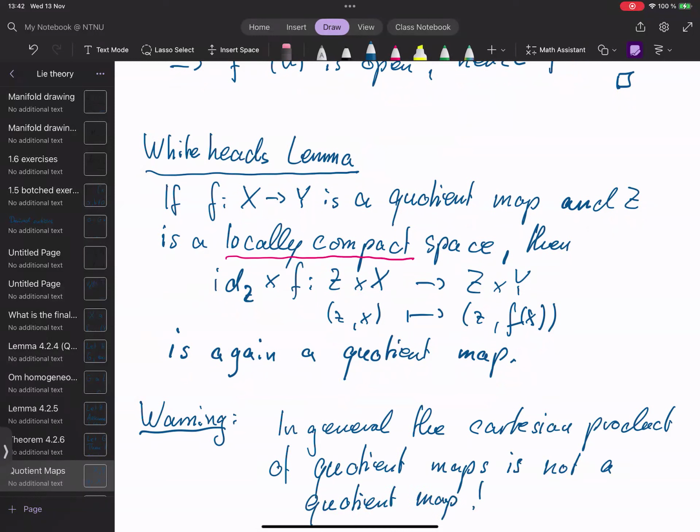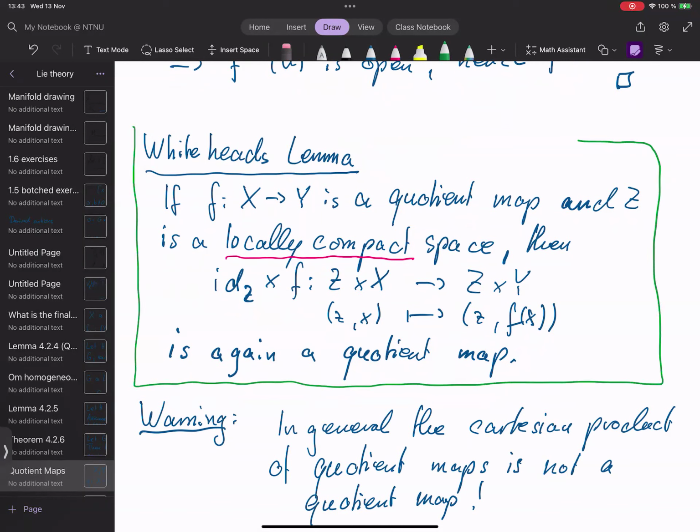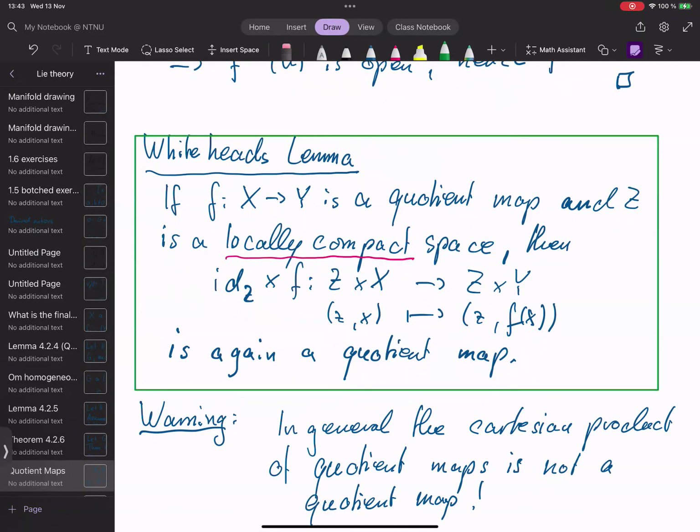Yeah, so we are not going into details here. Check your favorite topology book about this. But we are really going to use at one instance the Whitehead lemma to construct a nice quotient map as the Cartesian product of the identity and of a quotient map. And yeah, so interesting errors happen when one assumes that the Cartesian product of quotient maps is always a quotient map. So we have to avoid this.